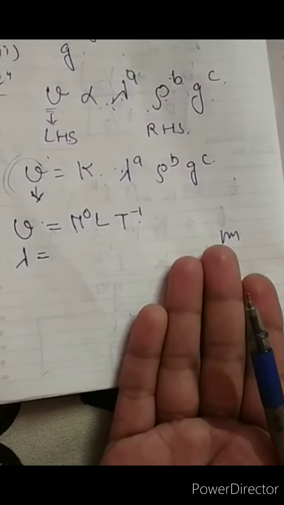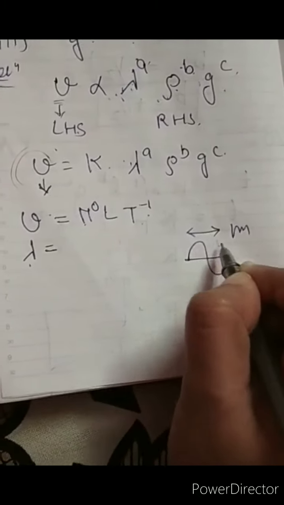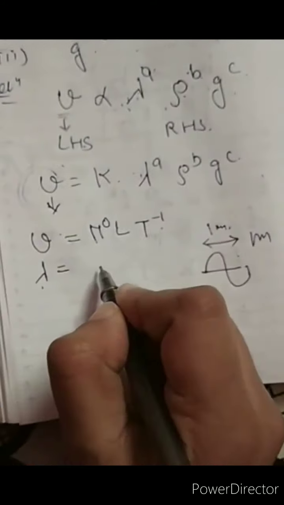If you want to write lambda in MLT form, it denotes length. Wavelength generally means one wavelength, so you say this is 1 meter. Meter means length. You're talking about length, right? So can I write it as L in MLT form? Now since it is A, you give it power A.